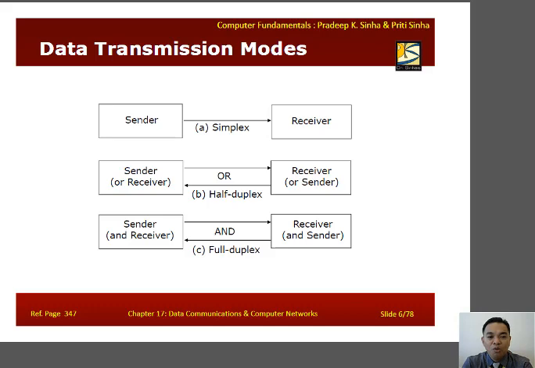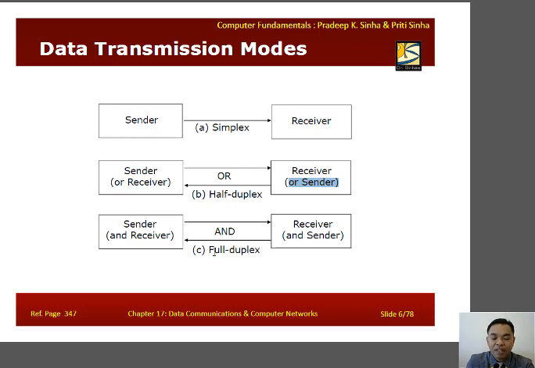There are different modes of data transmission, but we're going to discuss the basic ones. The first one is simplex. Look at this diagram. There's a sender, and the direction of the medium will be one way going to the receiver. It means that the receiver could not reply to the sender. Then there is the half duplex transmission mode, wherein the sender could be a receiver and the receiver could be a sender, but the message will be one at a time.